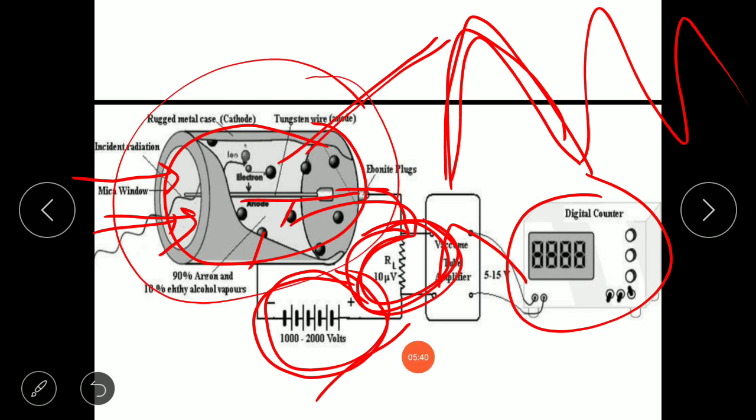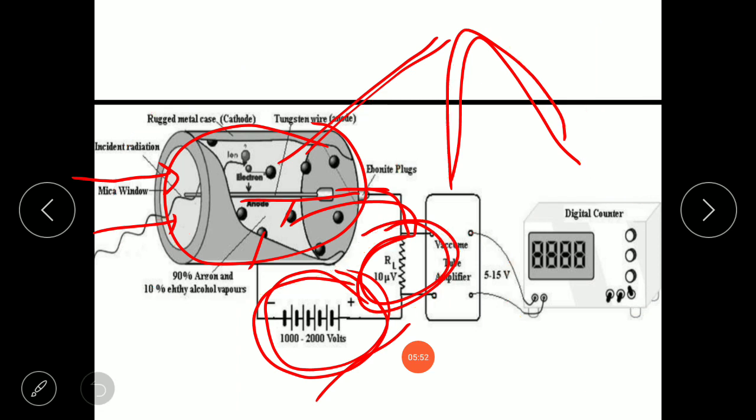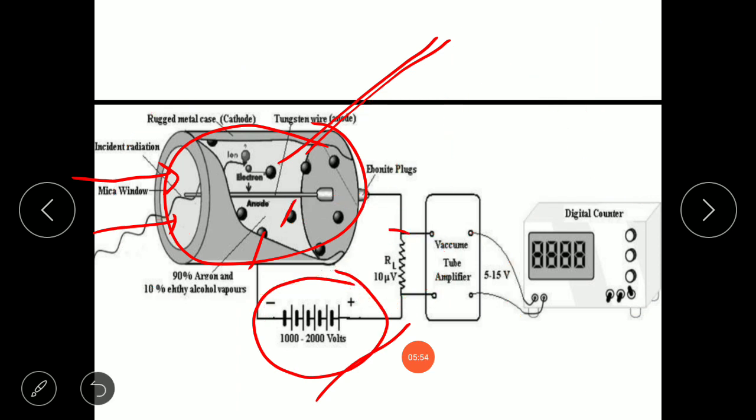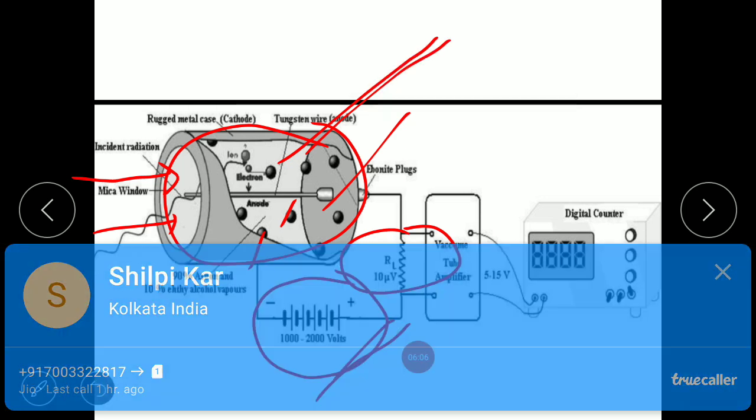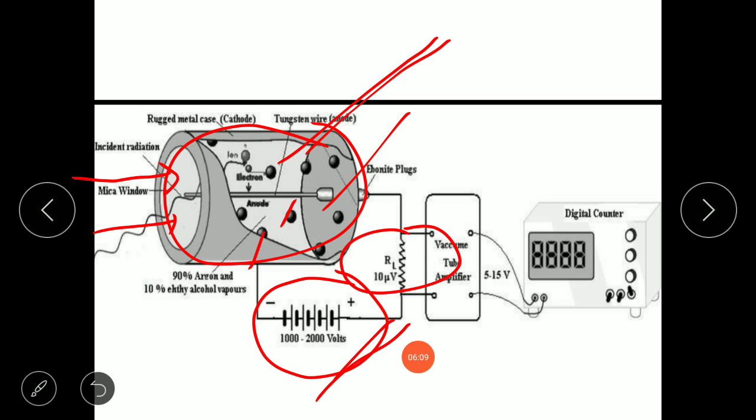As I have told you, once ionization is established, the process would continue for an indefinite period of time. However, resistor R, which has a very high value of resistance, is connected in series with the anode and battery.